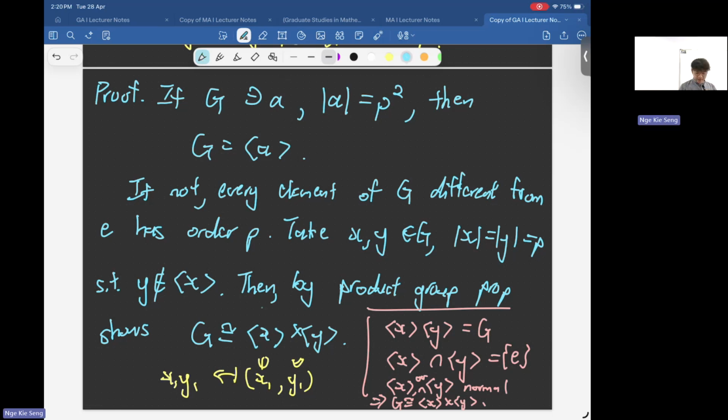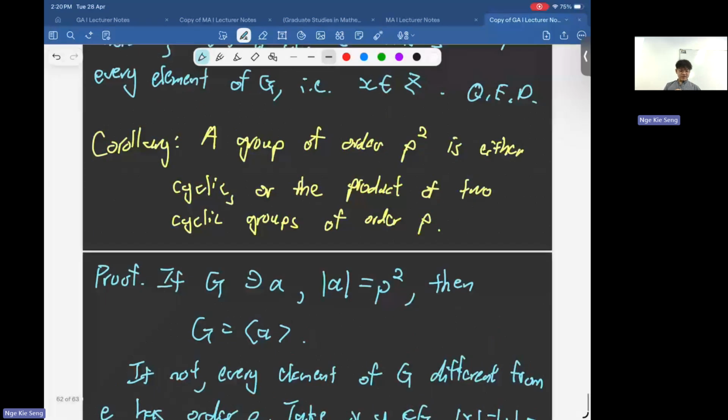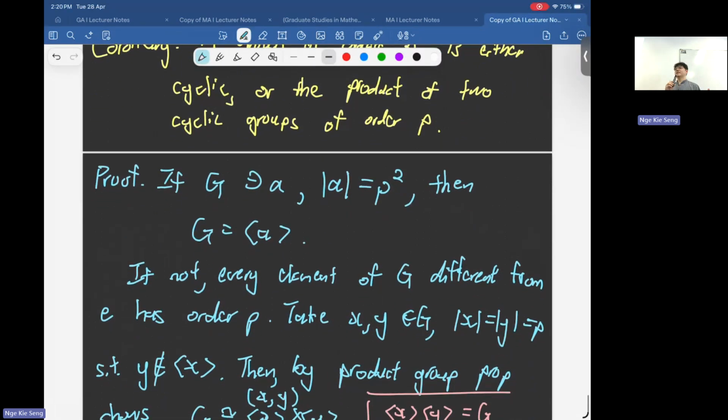So you are asking me, let's say I just take this generator and consider this element here. What's the order of this element? The order of this element is P. So which one has order P square? Which element can give you order P square? Wait, don't confuse. The order of a group just says how many elements there are.